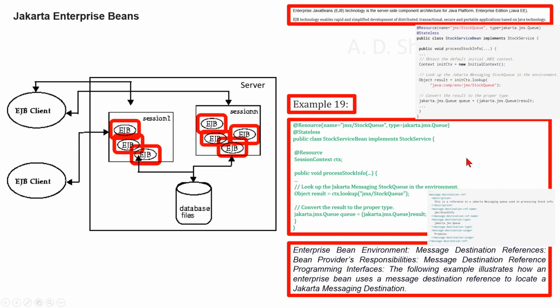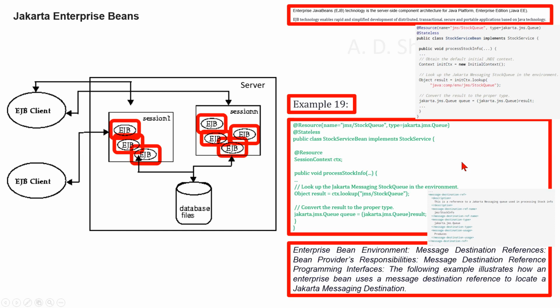For example, in the java:comp/env/jms JNDI context for Jakarta Messaging destinations. Note that message destination references declared via annotations will not by default appear in the subcontext.